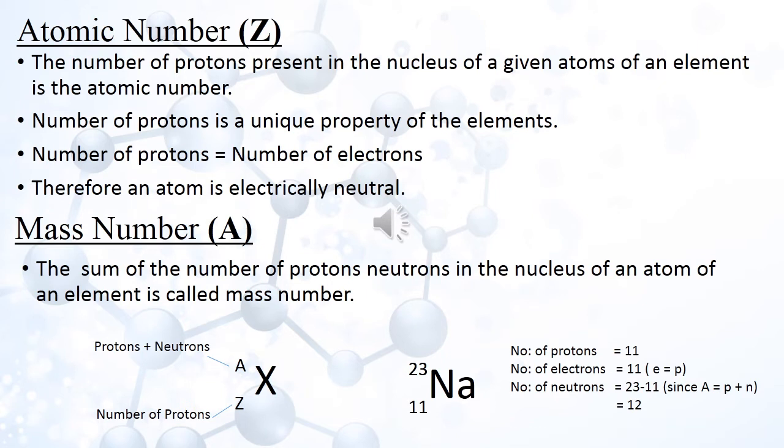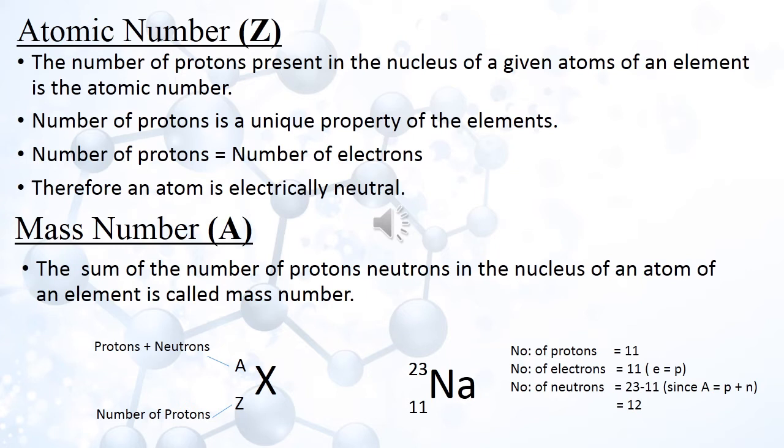Now let's see atomic number, which is indicated with capital Z. What is atomic number? The number of protons present in the nucleus of a given atom of an element is the atomic number. I told you atoms consist of protons, electrons and neutrons.